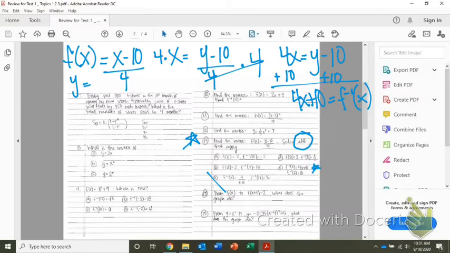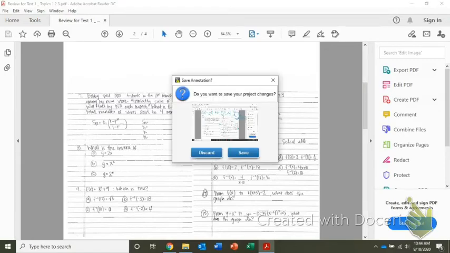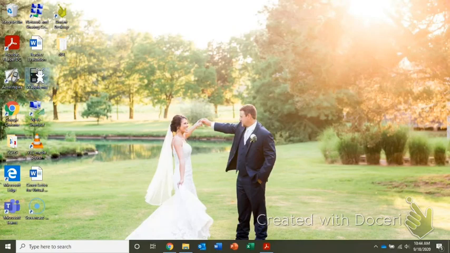But you've got to check and say, if I plug in a negative 2 for that x, am I going to get an 18? Okay? So I'm going to exit out of this and pull up our calculator.